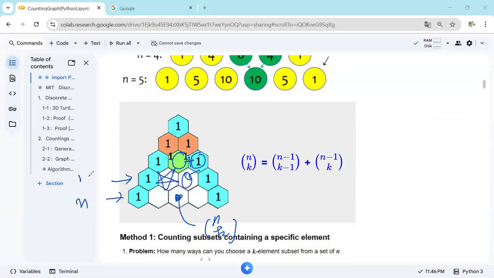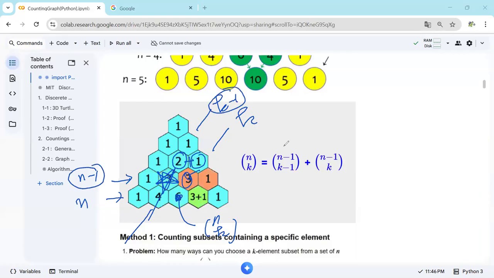Then this coordinate is k, n minus 1. And this coordinate is k. Then this coordinate is k minus 1. So the coordinate of this star is n minus 1 and this is k minus 1. Okay, so this one is the value for this star.